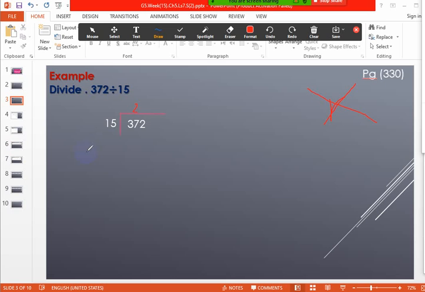Now 2 multiplied by 15 equals what? I have to multiply 15 by 2. 2 multiplied by 5 equals 10. So I will put 0 here and 1 above the tens. 2 multiplied by 1 equals 2, plus 1 equals 3. So it will be 30, of course. I think it's easy for you.